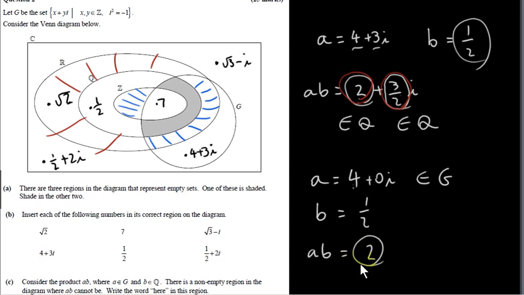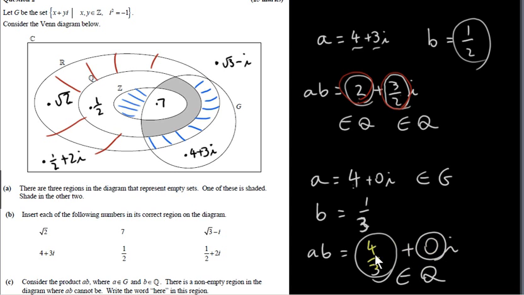We're always going to get a rational number here. Well, this is an integer, but we could choose B to be, say, 1/3. In that case, what would happen? Then AB is 4/3. We always get a rational number. There's no imaginary part. The imaginary part is 0. But both parts will always be rational numbers.